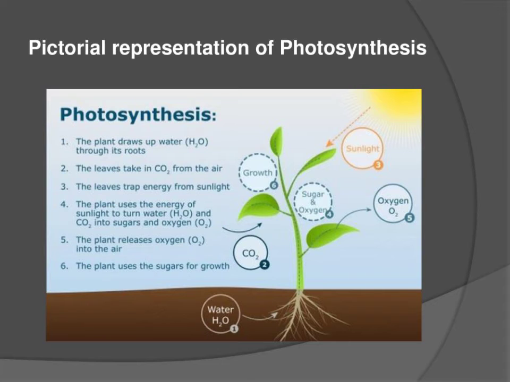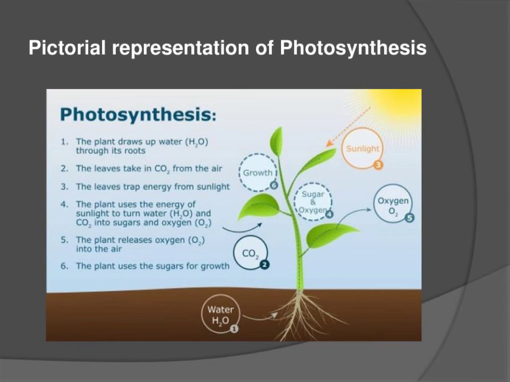Sugars are nothing but glucose or carbohydrates. The plant releases oxygen into the air, and uses sugars, that is carbohydrates, for its own growth. So this is how photosynthesis occurs.